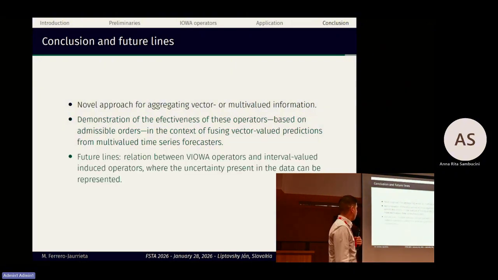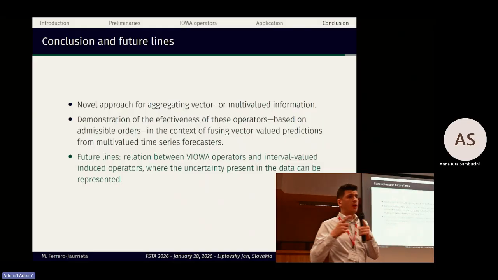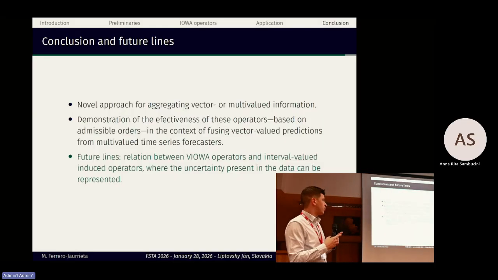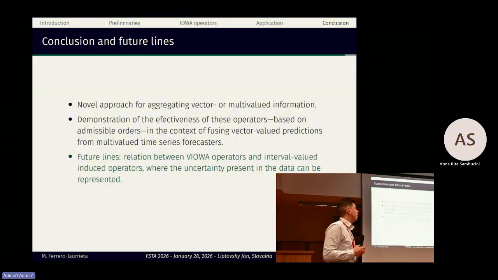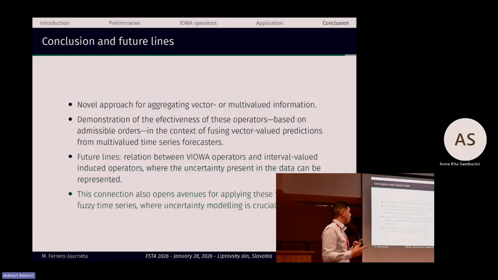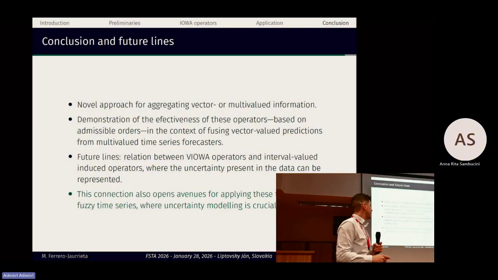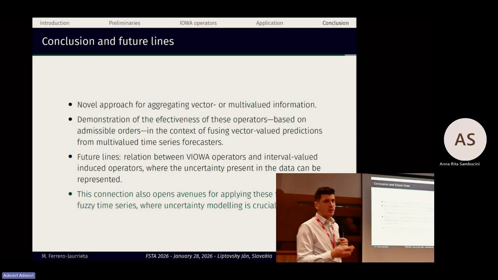On future lines, we would like to relate these vector-induced operators with interval-valued induced operators, where we can somehow represent the uncertainty with these intervals. This connection also opens avenues for applying these techniques to fuzzy time series, where the modeling of the uncertainty can be crucial.